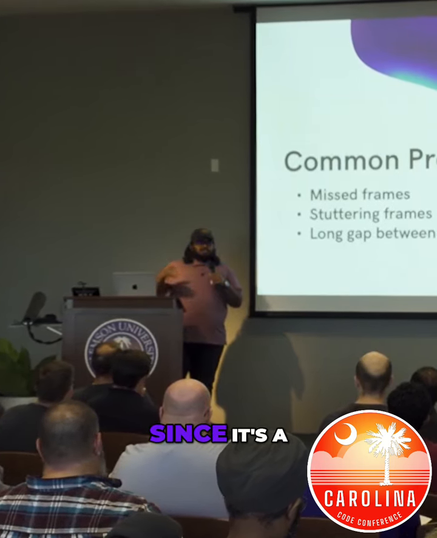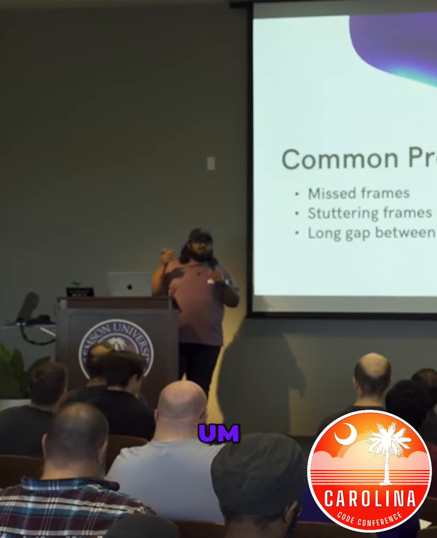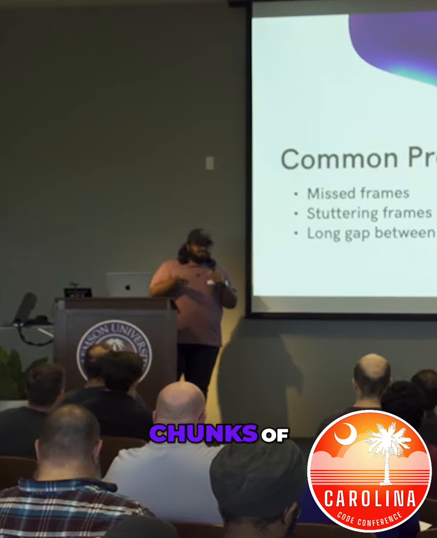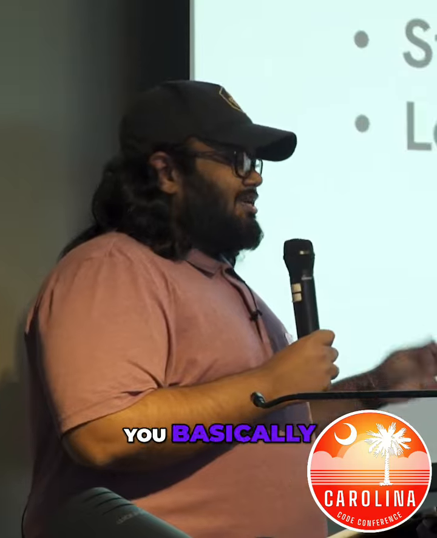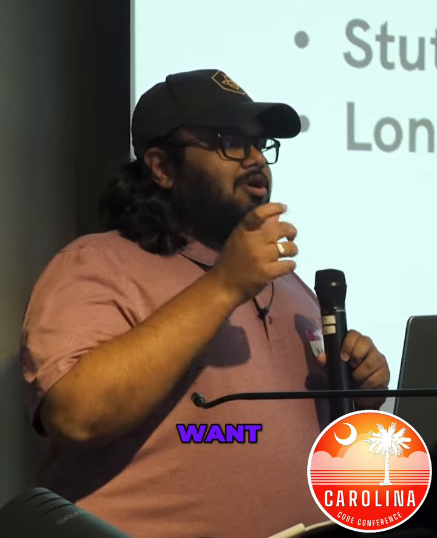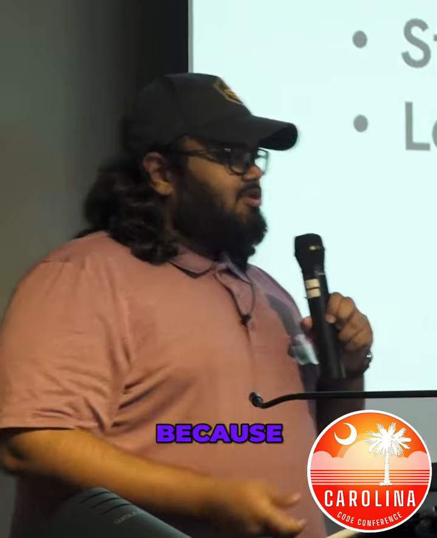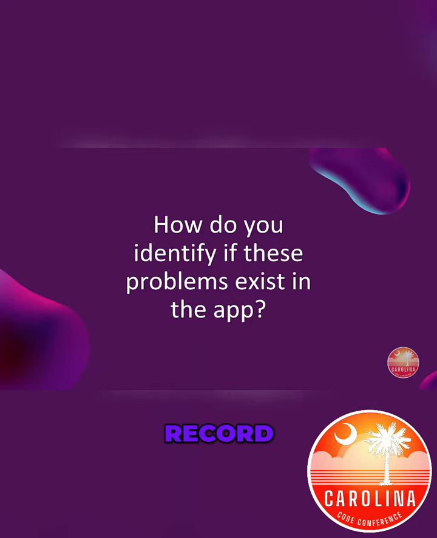Or, since it's a very long video, you're always saving it in chunks of, let's say, 10 minutes, and every time you save a chunk, you basically restart all the camera hardware and get the acquisition back and start recording again for the next part. So you don't want a long gap between these restarts, because in that case you just miss what you're trying to record.